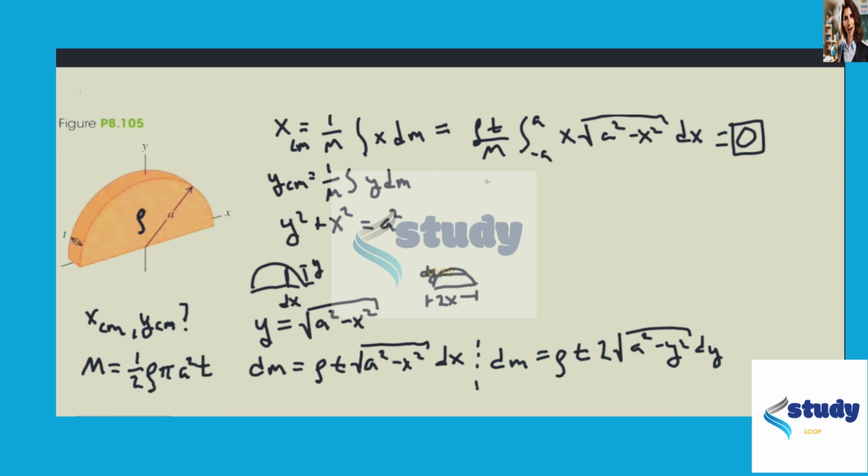They just change colors here because it's getting a little bit crowded. So the y coordinate of the center of mass is going to look quite similar to what we just did, except there's a 2 here.